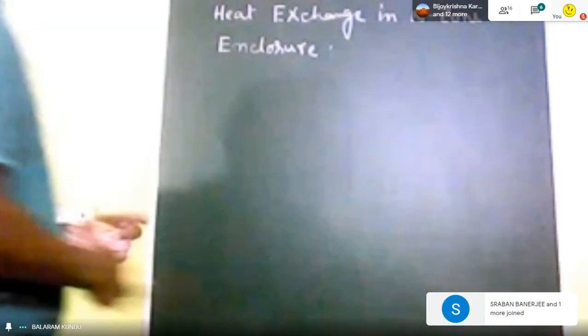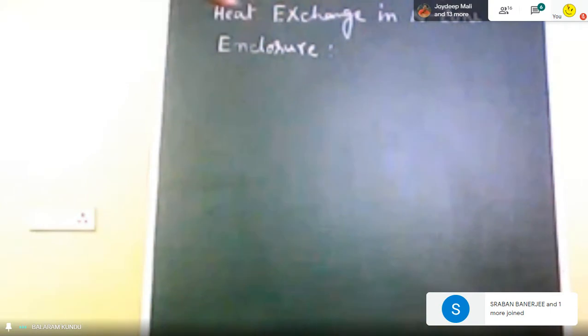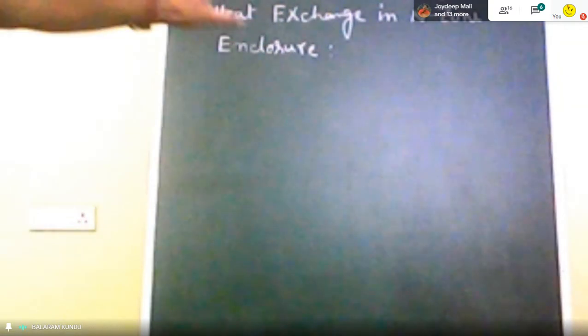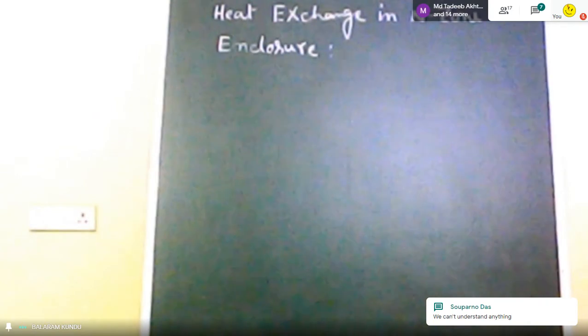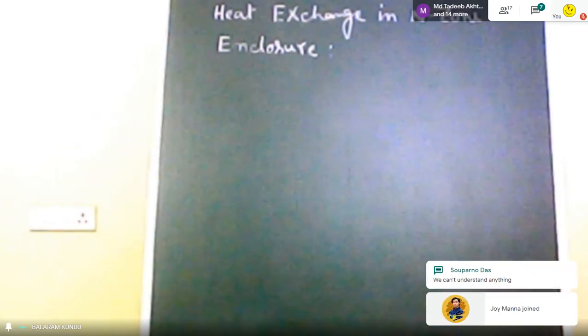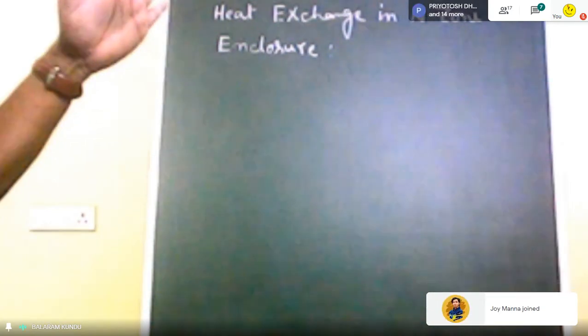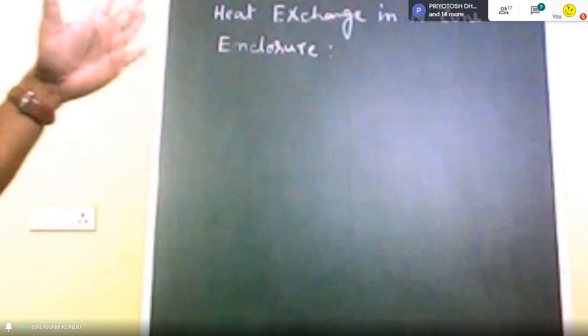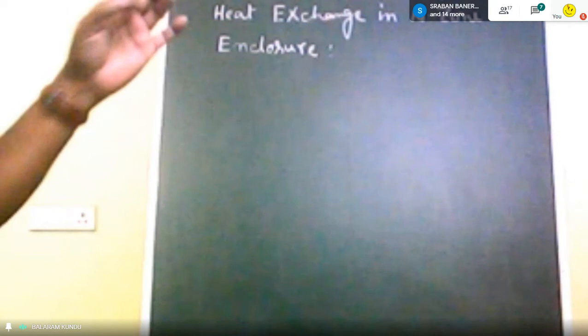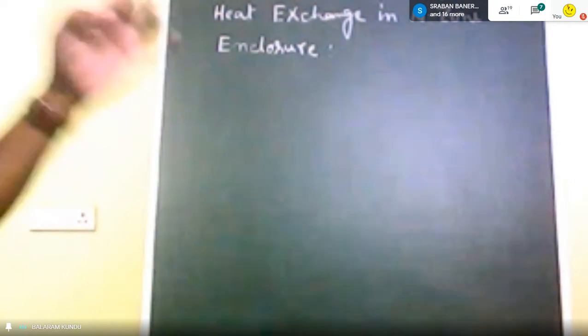So today we have this topic: electrical analogy or network method to determine radiation heat exchange in N-zone enclosure. Okay, so for determining radiation heat exchange in N-zone enclosure, we have to make some assumptions first.